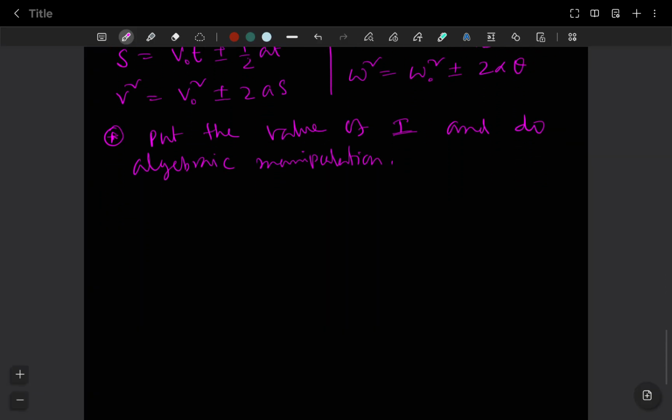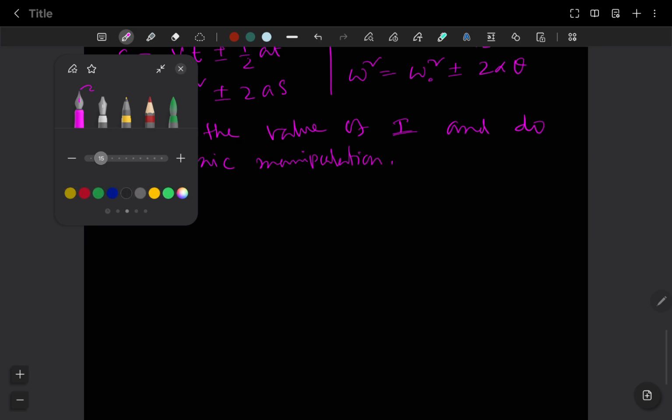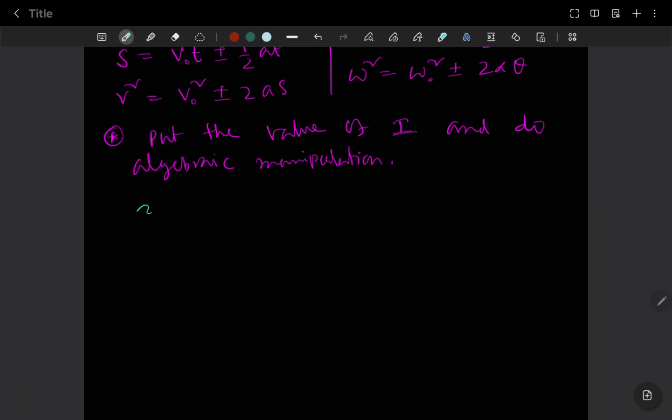Okay, now let us discuss rolling energy, the kinetic energy of a rolling body.